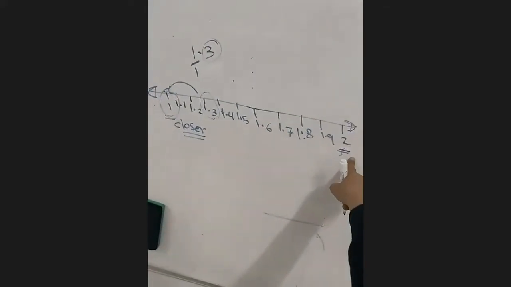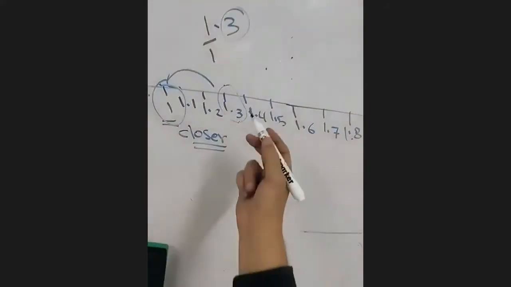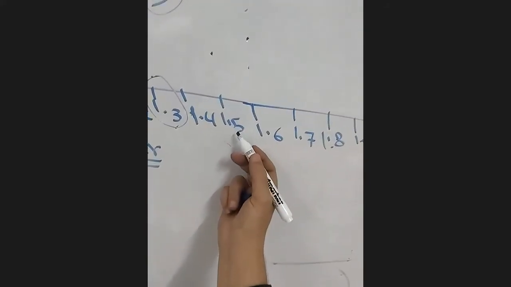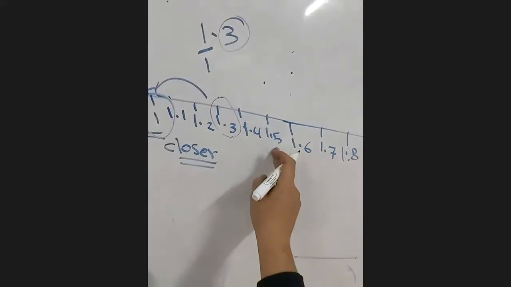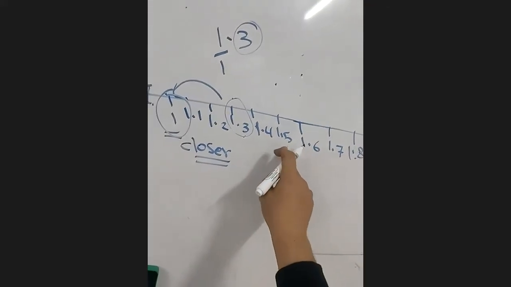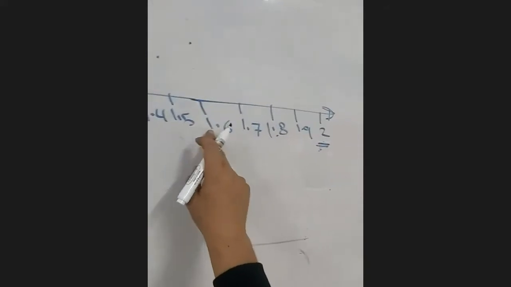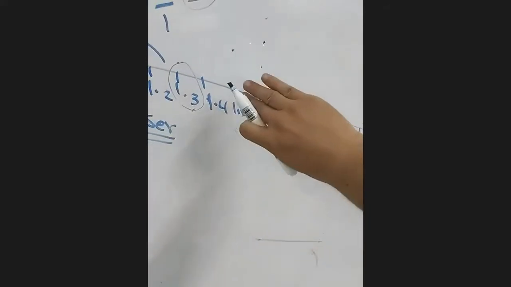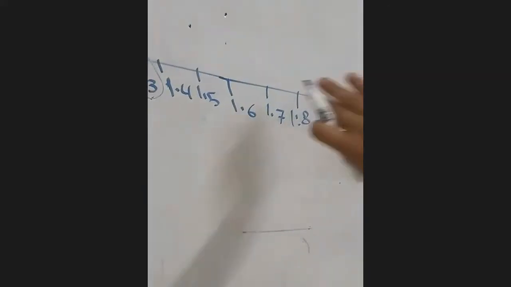But 1.5 is the same distance between 1 and 2. We have the same distance, but we always make 1.5 go to the bigger number.